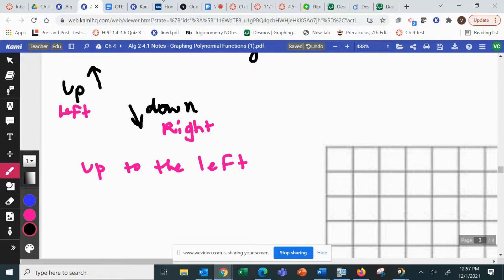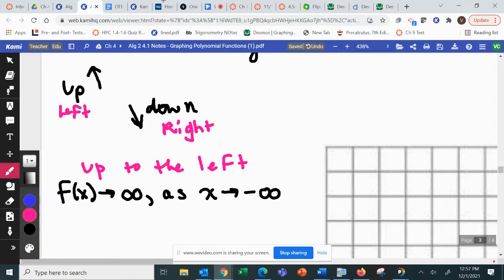So up to the left is saying that f of x is going to positive infinity. To the left means as x goes to negative infinity. That's up to the left. Up is f of x, the y values. Left is the x values.